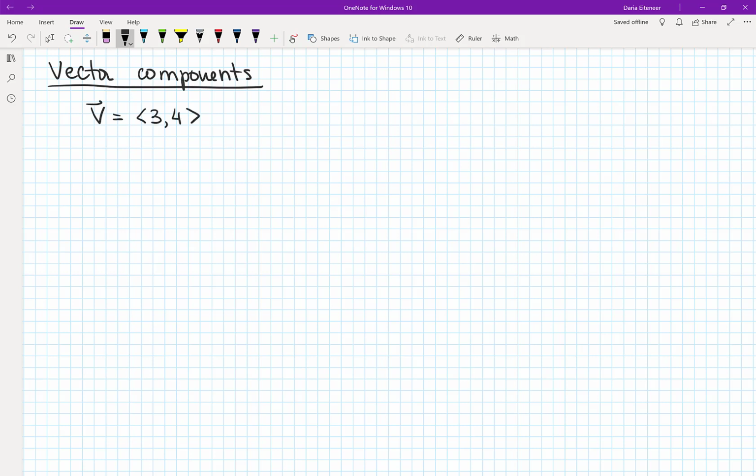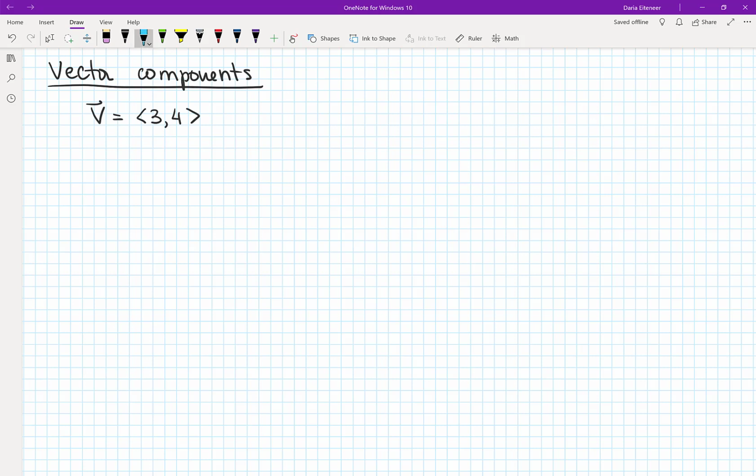Okay. The next thing that we need to learn is vector components. So I already used this word, but let's see how this works in a little bit more detail. Vector components. So let me bring up my vector v again. Okay.